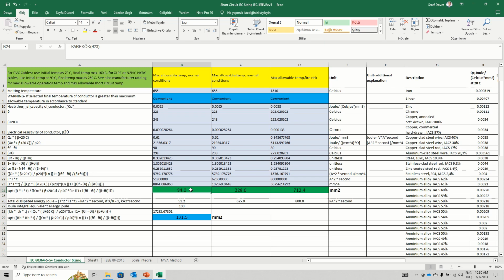That's why I kindly suggest that while sizing your MV power cables, medium voltage power cables, please try to use this Joule integral. For all other cases, like 1 second, 2 second, 3 second calculations, you can use the normal tool. Okay, let's continue to the next step.